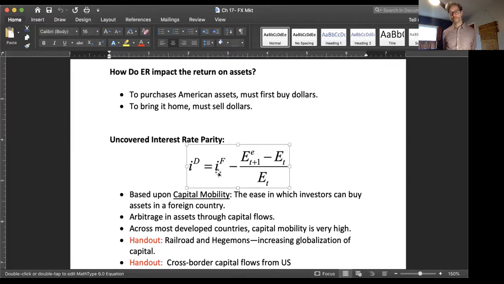But between the US and Euro, between US and Japan, US and the UK, yeah, uncovered interest rate parity explains the world very well.